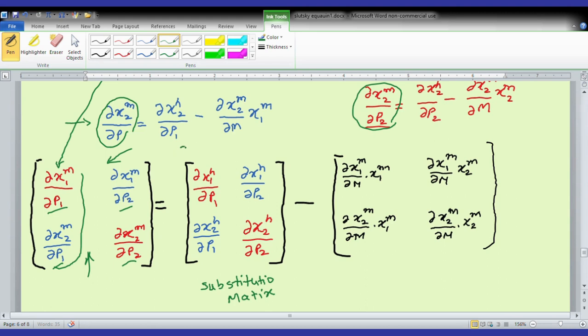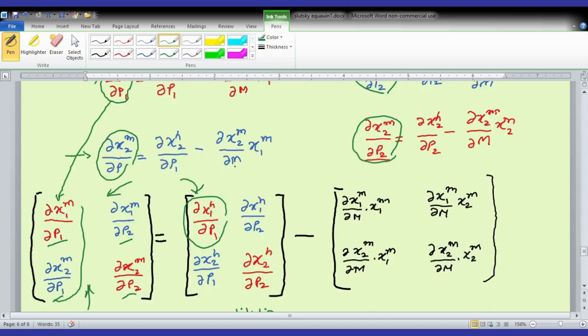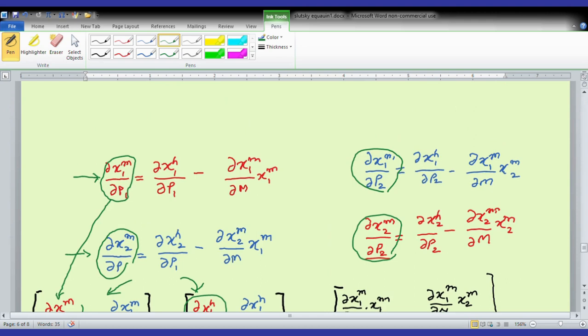On the right hand side, this first matrix is known as the substitution matrix because it is made up of the substitution terms. This is the own substitution effect, or the slope of the Hicksian demand curve, and see that on the right hand side this is the first element, the first row and first element.